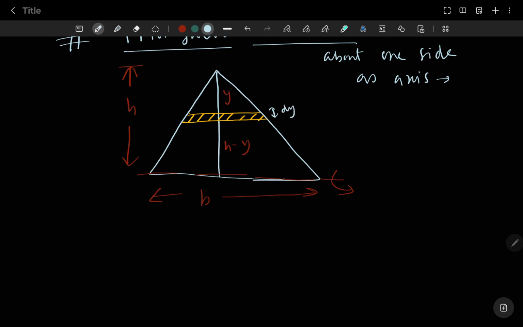So this axis is parallel to length, so it will be 1 by 12 dm into breadth square, that is dy square. We did it earlier.